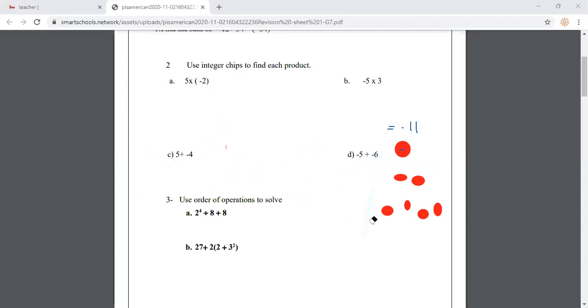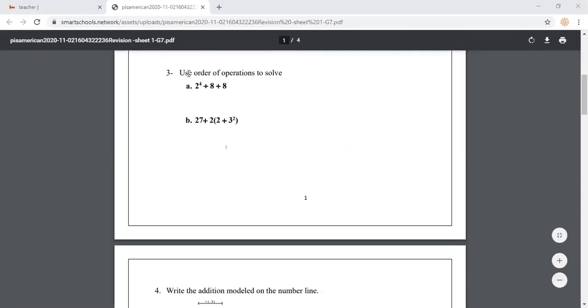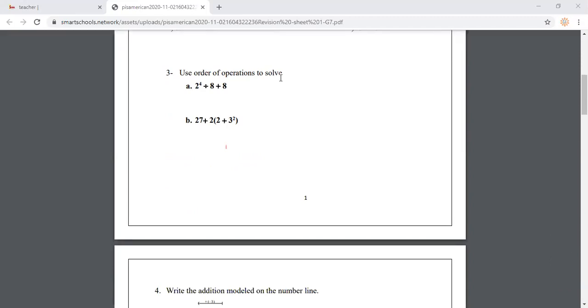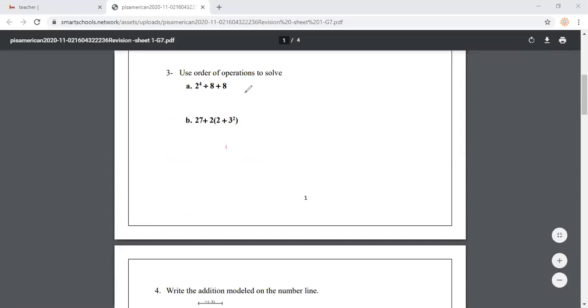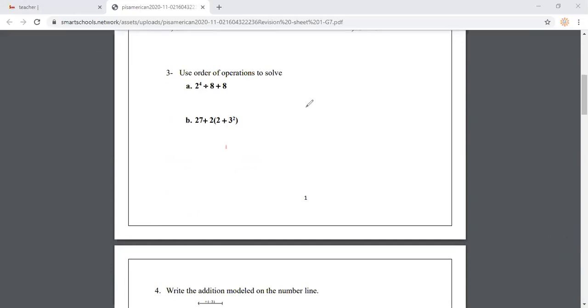Next, we will move to the second part, which is order of operations. Use order of operations to solve. Do you remember the sentence? Please excuse my dear Aunt Sahar. Do you remember what P stands for? Parentheses, thank you.